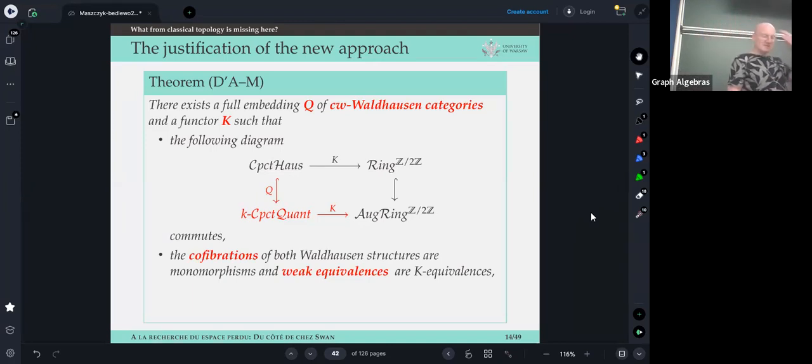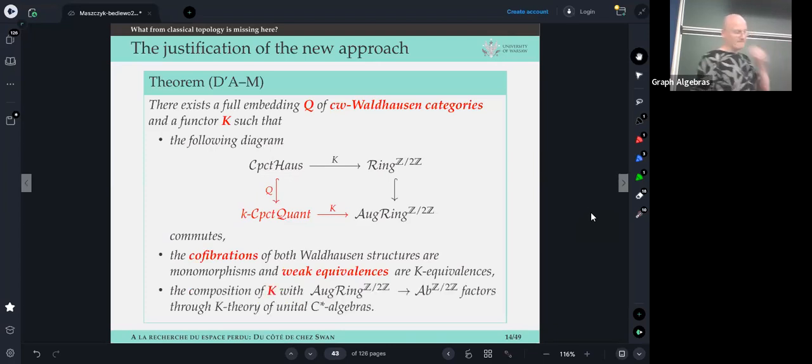If we speak about the CW Waldhausen category structure, in both categories, cofibrations are monomorphisms, and weak equivalences are K equivalences. Okay. Moreover, the composition of this red K with this forgetful functor from augmented rings to abelian groups factors through K theory of unitary C-star algebras. So what's the moral meaning of this theorem? On the level of classical spaces, we change nothing.